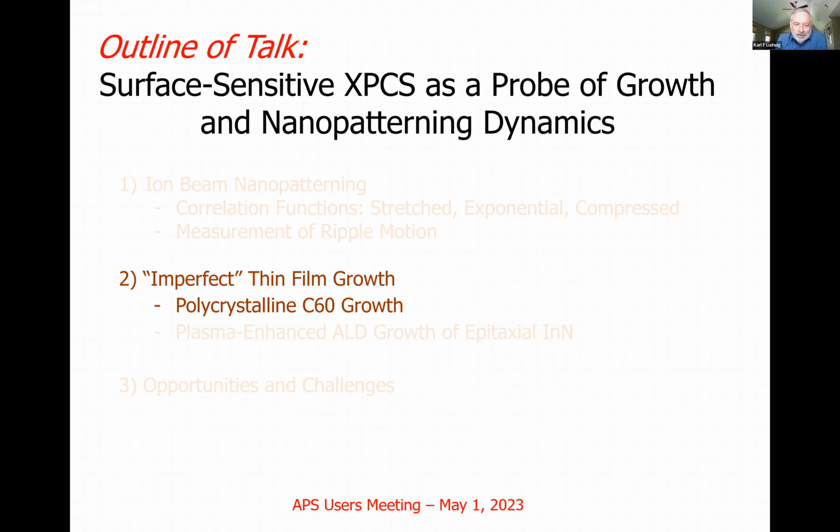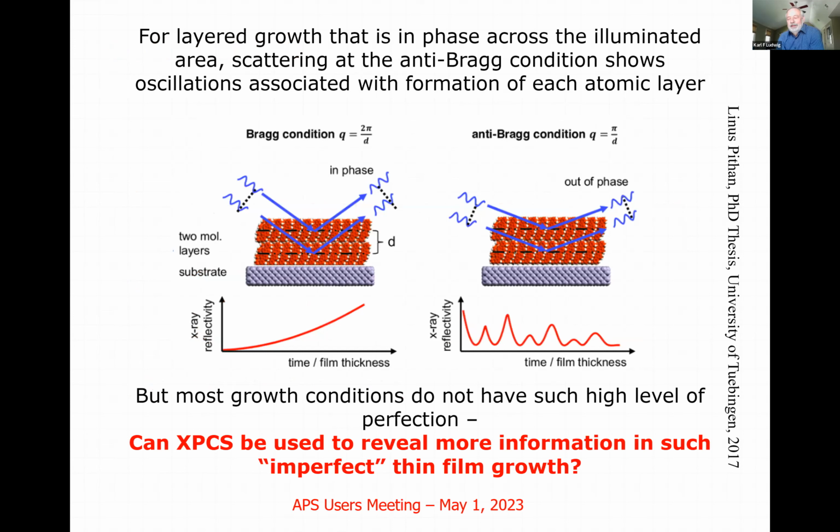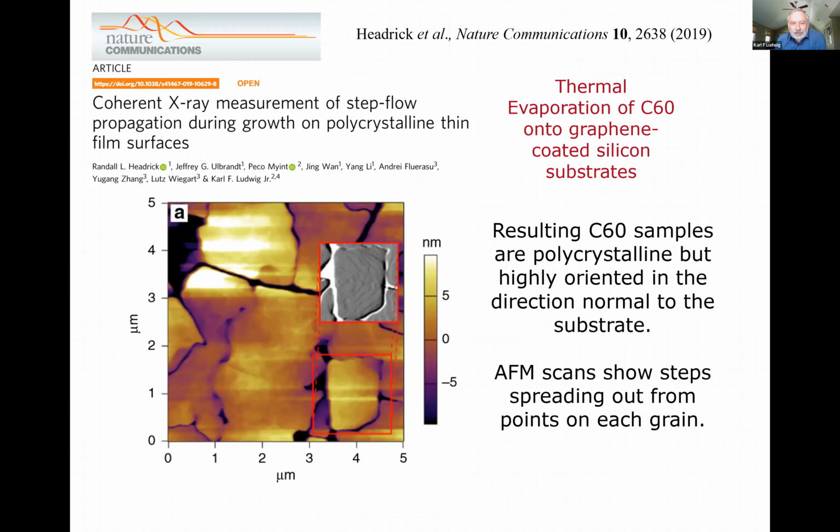So this first example was one largely driven by Randy Hedrick's group. And as I said, a lot of the focus here is that while low coherence studies can show us a lot, for instance, using anti-Bragg conditions, in reality, most films do not grow so perfectly. So this work was looking at polycrystalline growth of C60 that was thermally evaporated onto a graphene surface.